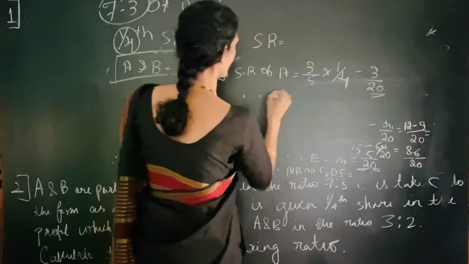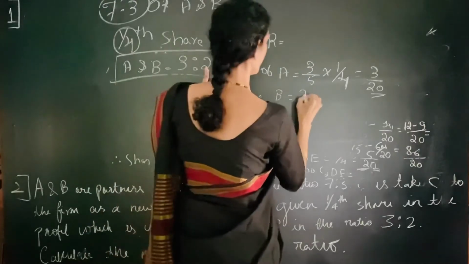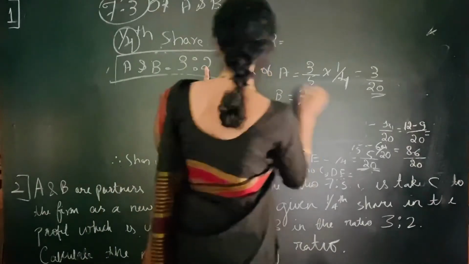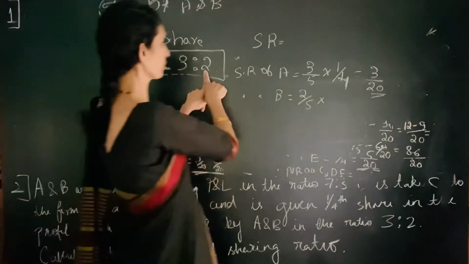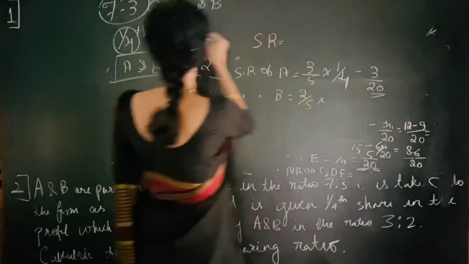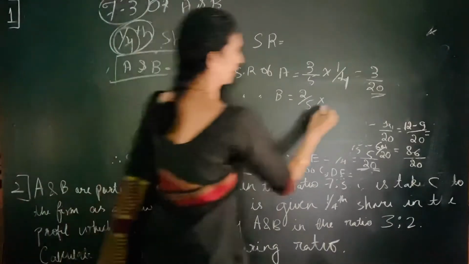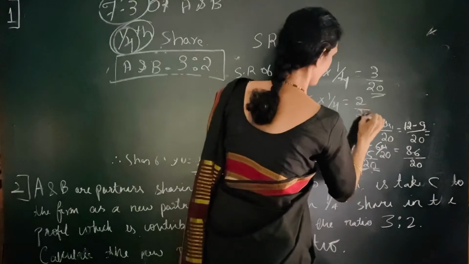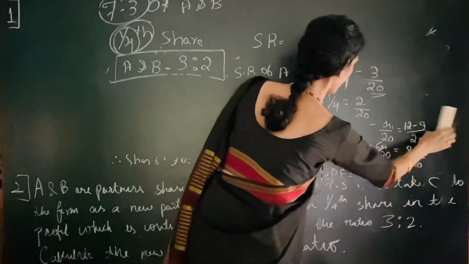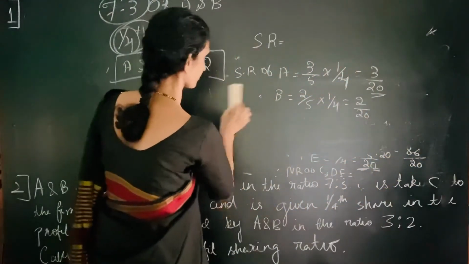Then sacrifice ratio of B: the share sacrificed by him is 2 by 5 into the share, which is 1 by 4. So it is 2 by 20. So this is the sacrifice ratio.